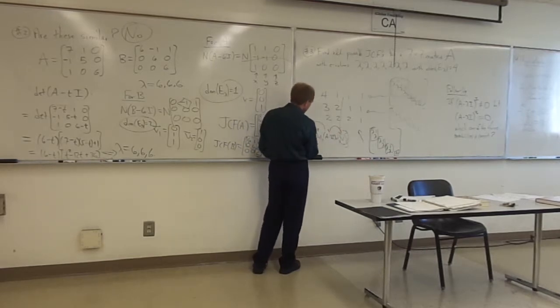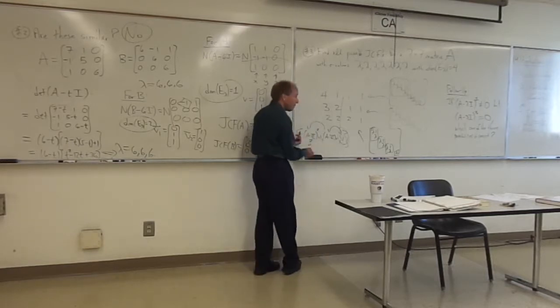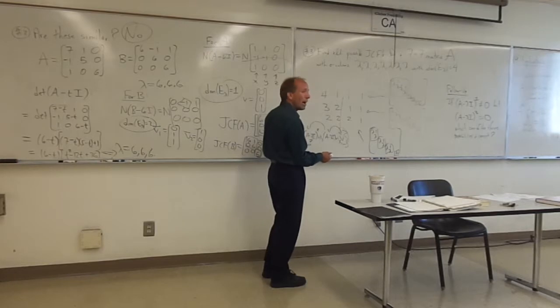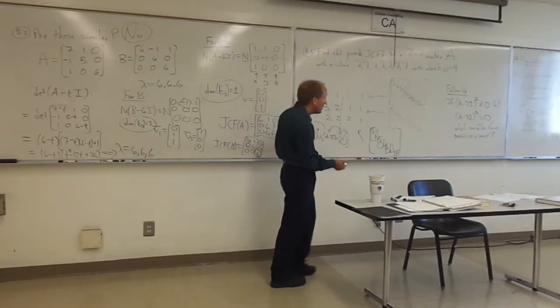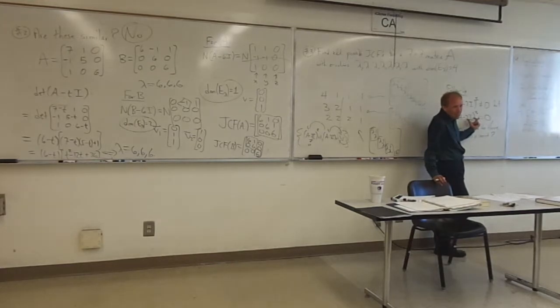So do you agree that since this matrix is not zero, I will be able to choose a V that survives all the way over to here? So doesn't that mean I'm going to have a cycle of length 3? Yes. But can I have a cycle of length 4? No, because a cycle of length 4 would require a vector to survive A minus lambda I cubed, and nothing will survive A minus lambda I cubed.